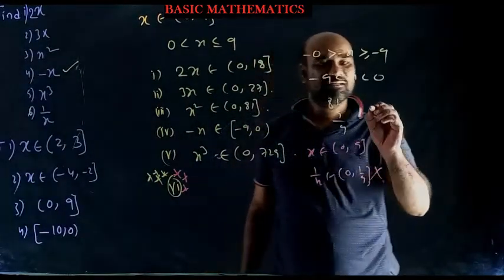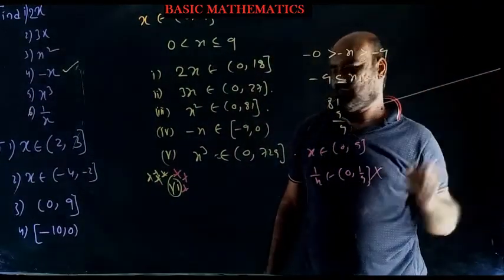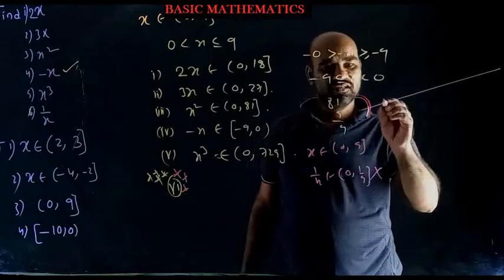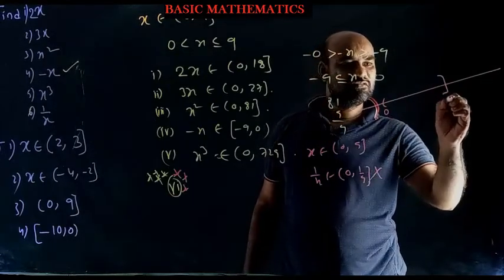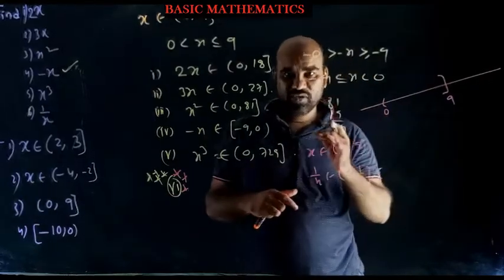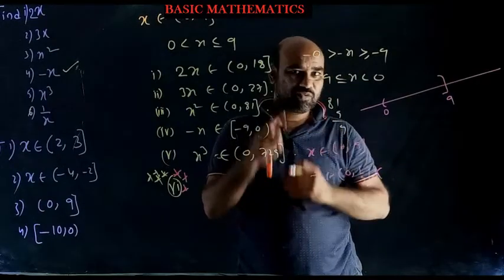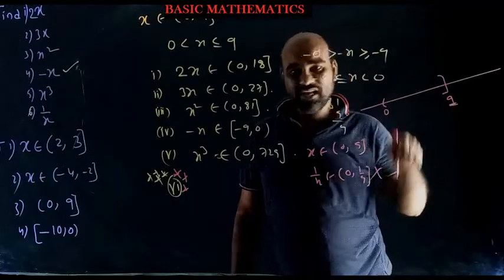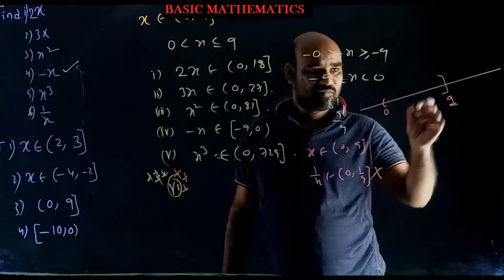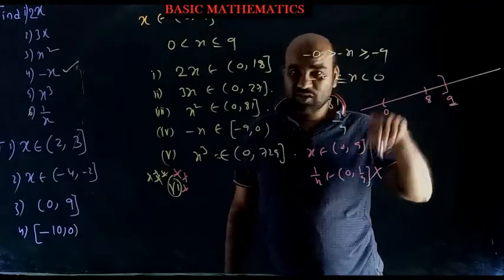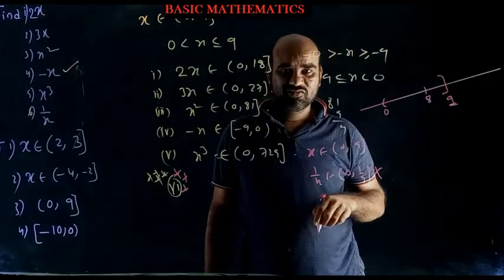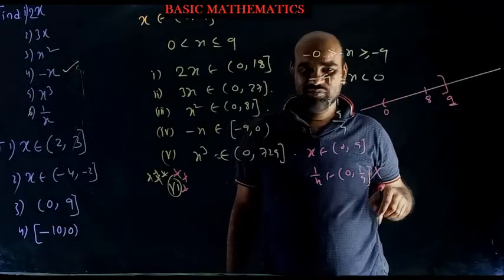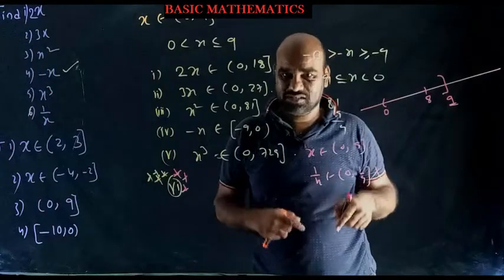See, observe here. 0 to 9. For these numbers we want their reciprocals. Reciprocal of 9 is 1 by 9. Reciprocal of 8 is 1 by 8. 1 by 8 is greater than 1 by 9, which means 1 by 9 is the smallest among the reciprocals.